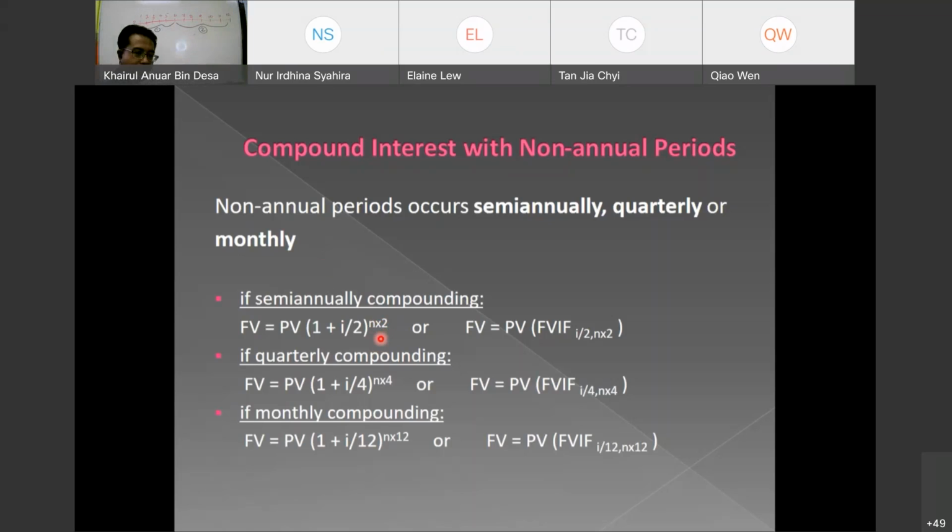So what will happen to our formula? What happened to our original formula? Our formula is future value equals present value times 1 plus I, power of n. This is the original one.